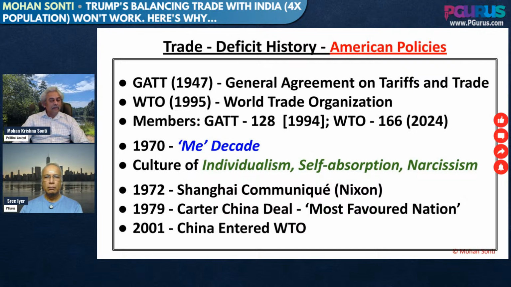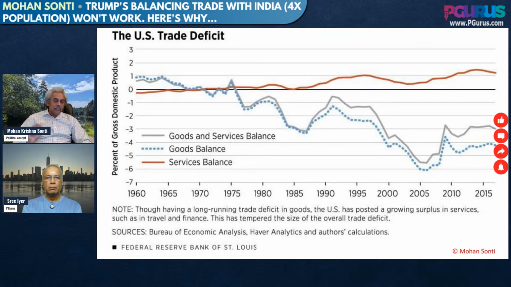Then in 2001, China entered the WTO. Now you'll see the graphs that reflect these things, right? This is as a percentage of the GDP, and the gray line is the goods and services balance. You see that starting in the 1960s, they were in surplus.